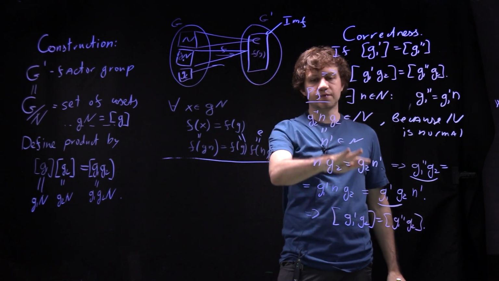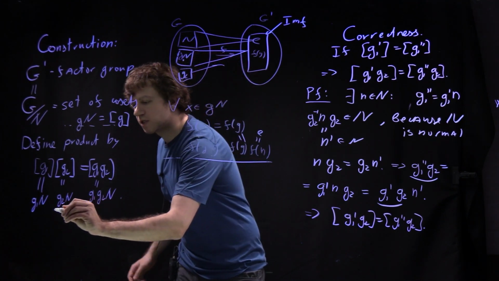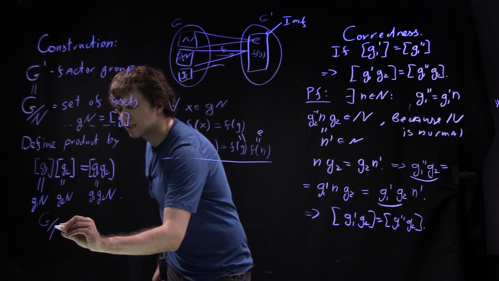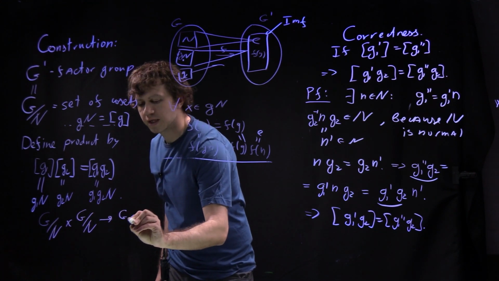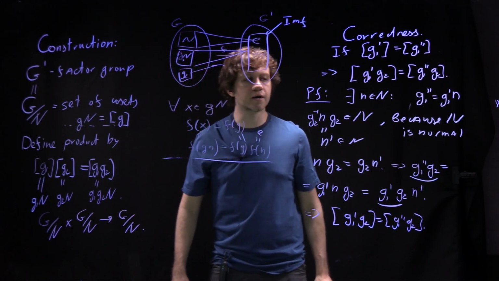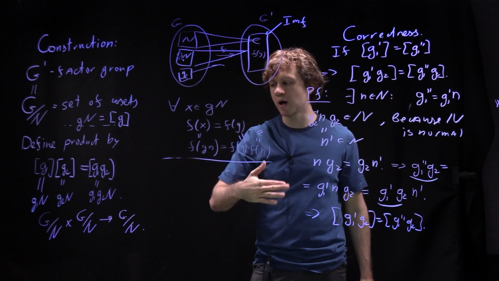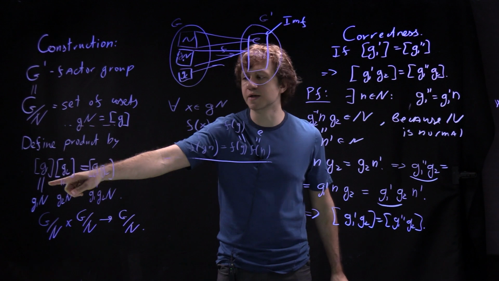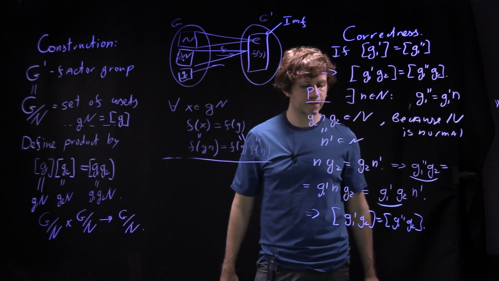So this is why the definition is well defined, and we got indeed an operation from the set of classes times the set of classes to the set of classes. Hopefully you already understood that the simplest example of this construction is integers modulo n, and that's exactly how we define addition of integers modulo some integer.